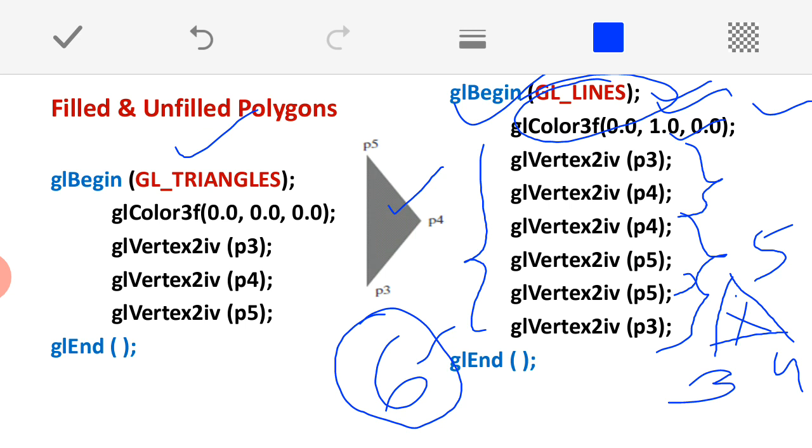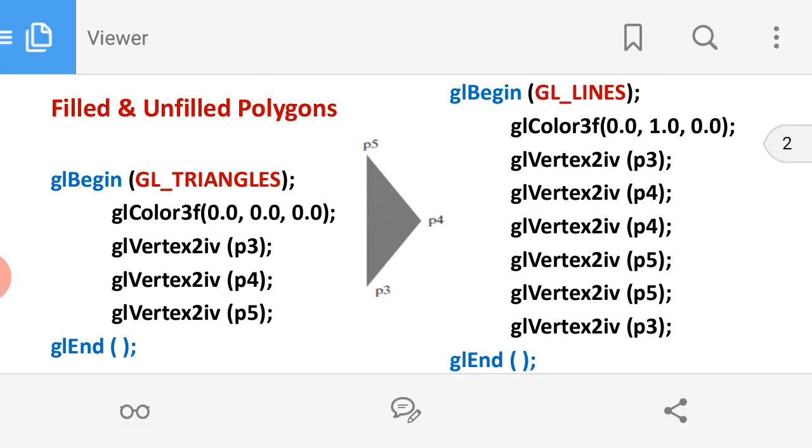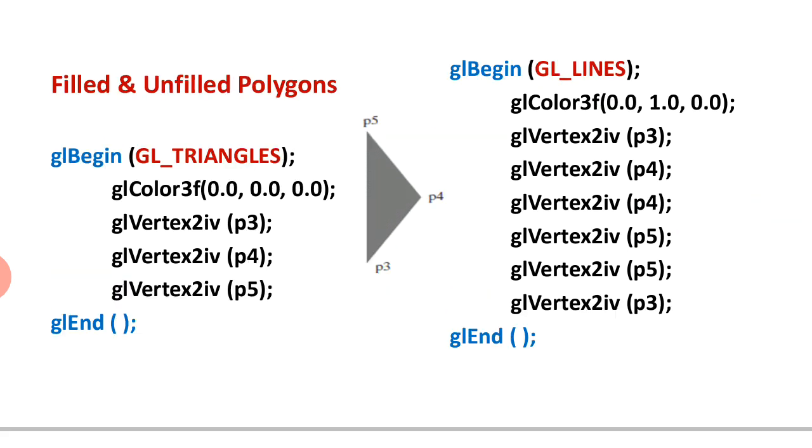That you need to understand here, that is nothing but what? Filled or unfilled. So, if you want to get the filled polygon, then directly you have to use the symbolic constants available in OpenGL. If you want to draw the same polygon using GL underscore lines, then only that border line will come with that color, but it will not be of the filled color. There is no solid fill available.